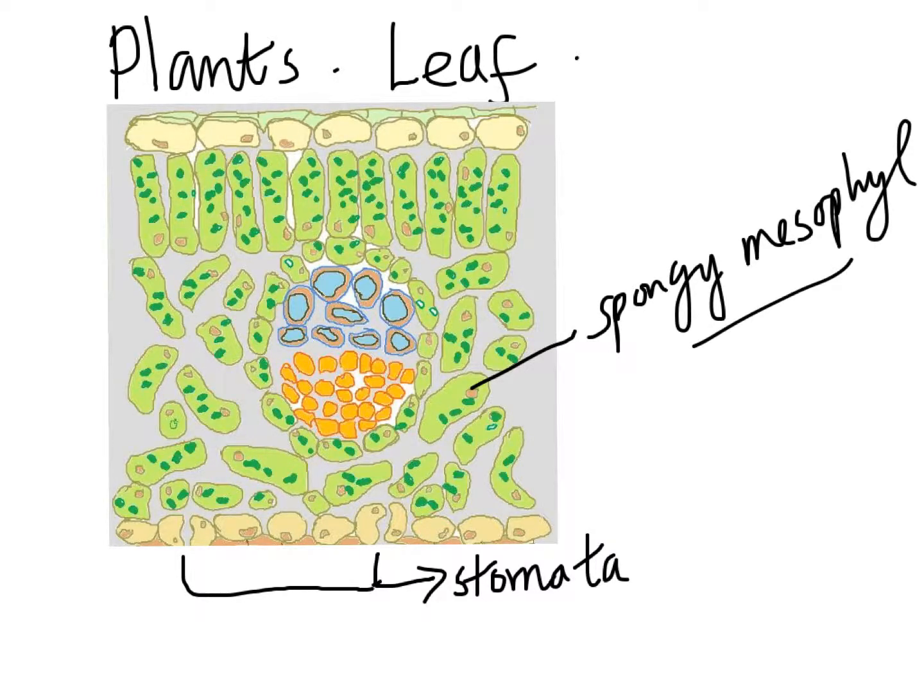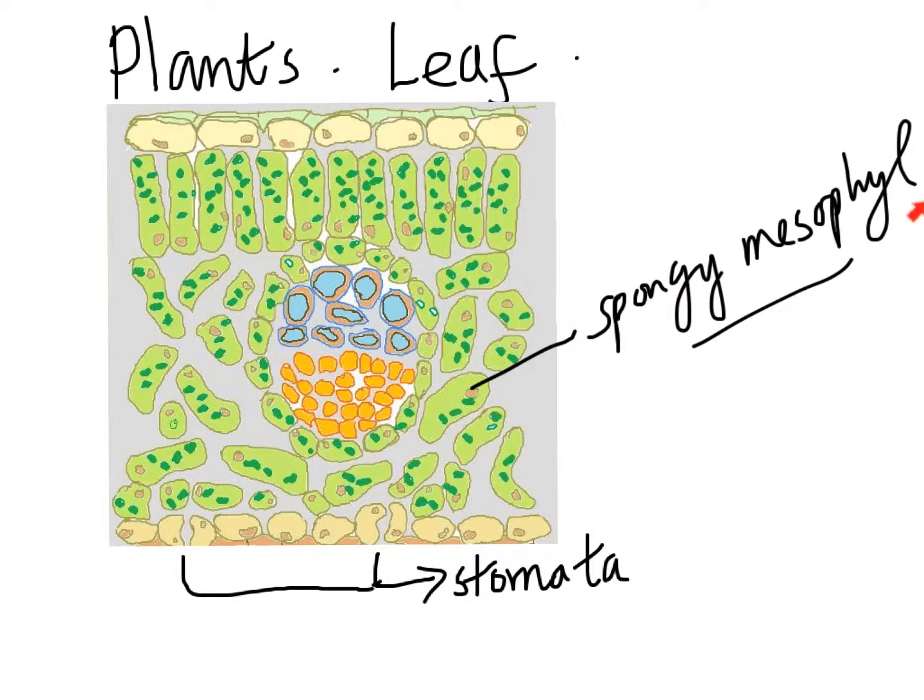Because it's loosely packed, you can see the air can freely, easily flow around the cells, and that's why they're called spongy mesophyll, because they're not closely packed like this. So that increases surface area. Very large surface area is one of the adaptations of a leaf, particularly in this layer. So you need to mention this layer.